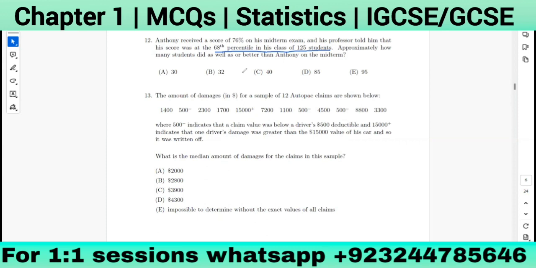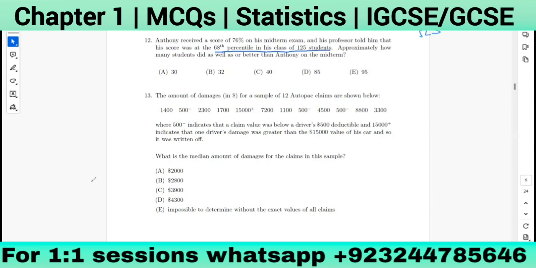How can we solve this one? Can we give it a try?